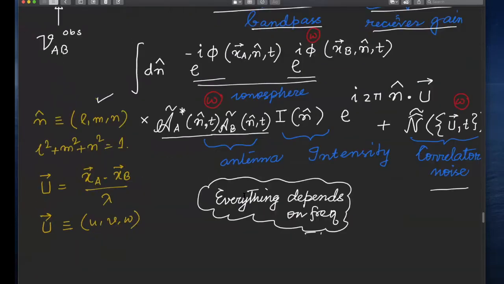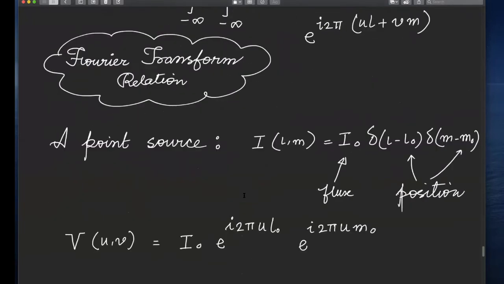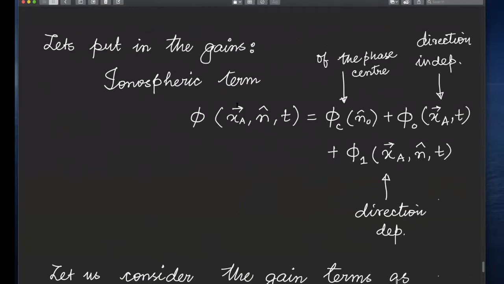So the ionosphere adds just to the phase, which depends on where the antenna is and the direction you are looking at, and it can change with time rather slowly compared to the oscillations of the radio frequency in the signal. Now, if you imagine, there will be a term in this which does not change within your field of view.